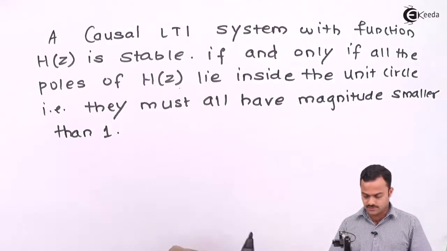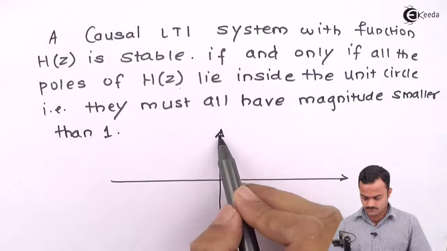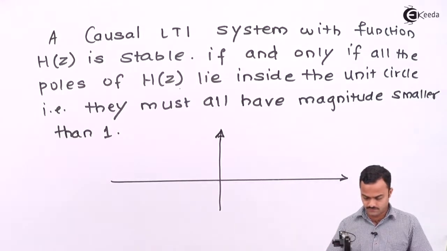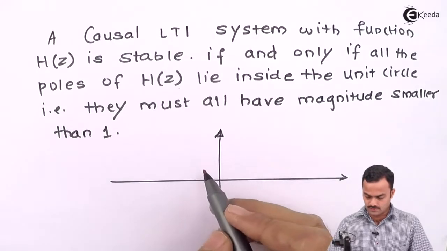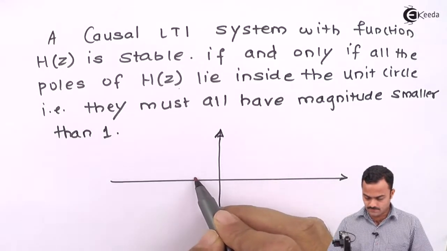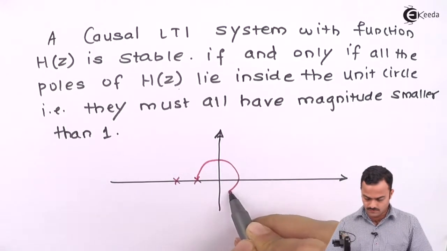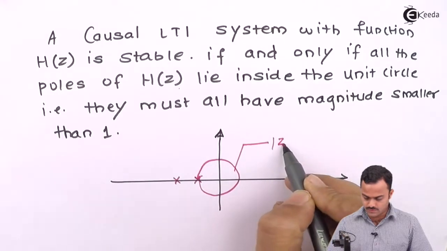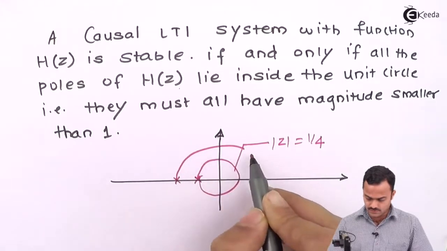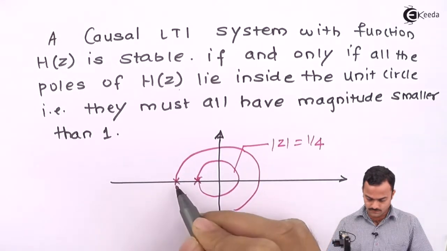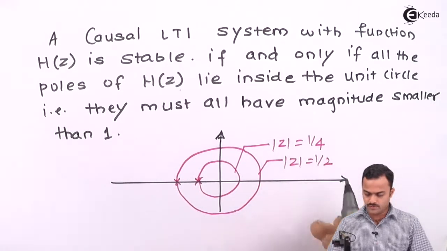If I have an ROC like this, I'll consider there are poles like this. So one circle whose mod z is say 1 by 4, and another circle with mod z equal to 1 by 2.